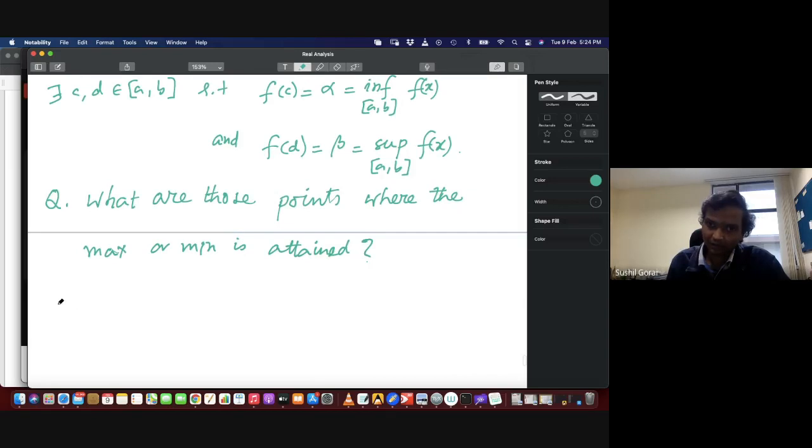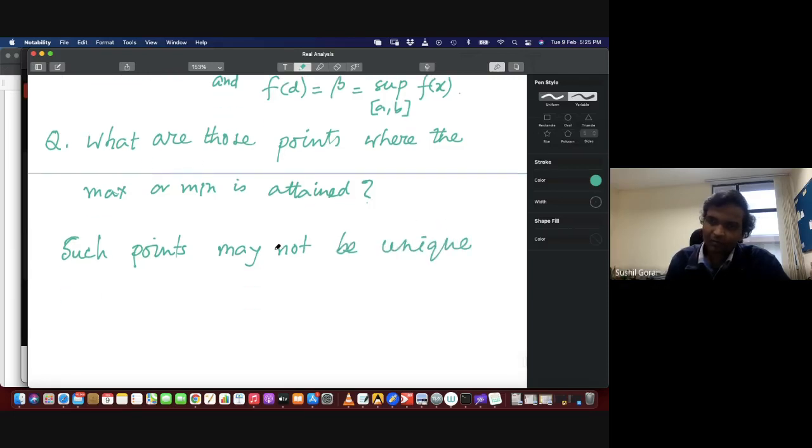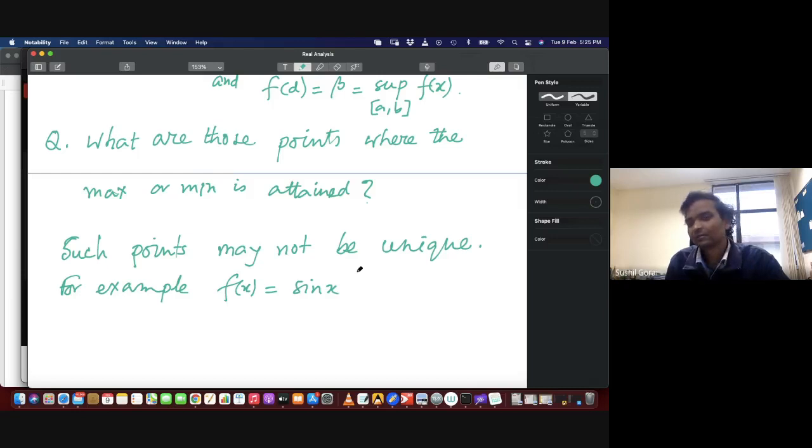So one thing is very clear, that such points may not be unique. For example, f(x) is equal to sine x.